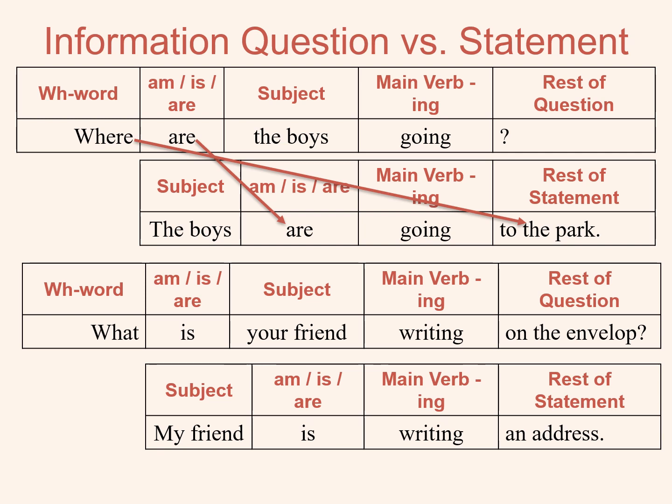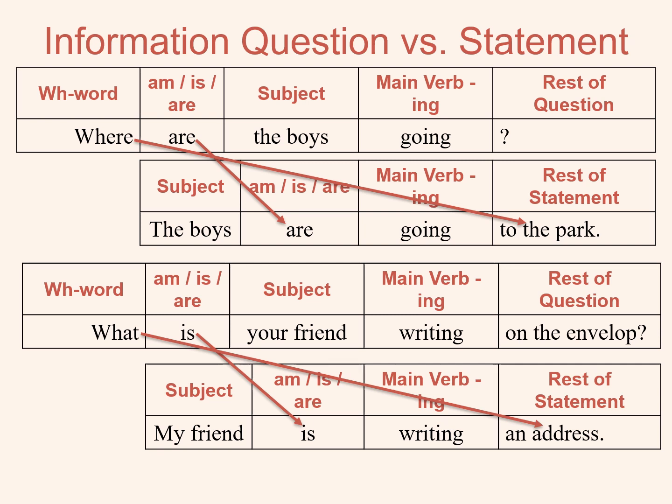In the statement, we get the subject my friend is writing. So again, the order of the words in the question is different than the order of the words in the answer, in the statement. And of course, in the answer, not only is the order of the words different, but then we get the missing information. So what is your friend writing on the envelope? My friend is writing an address.